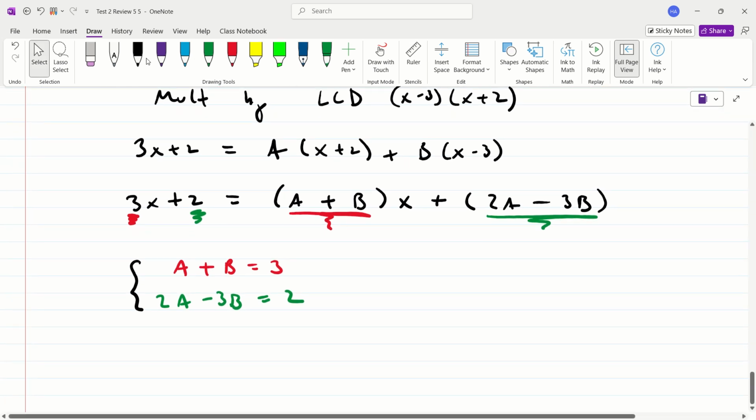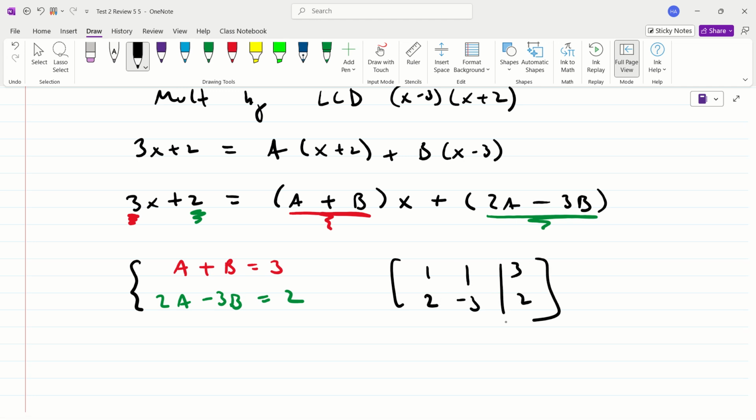So if you're going the matrix route, again, you would put 1, 1, 2, negative 3, 3, 2, and do a little bit of row reduction on that matrix.